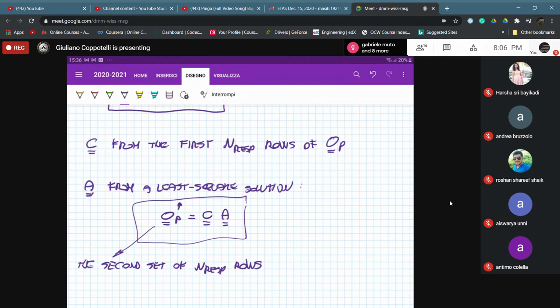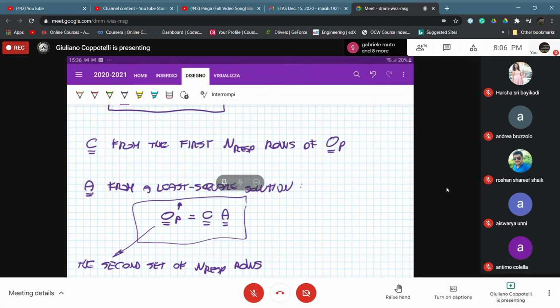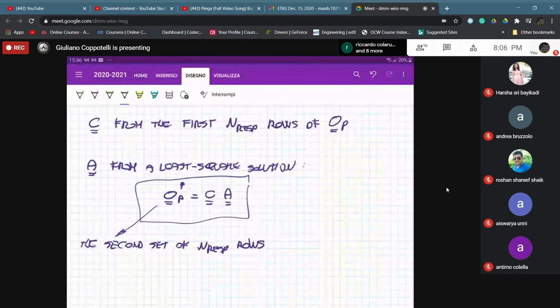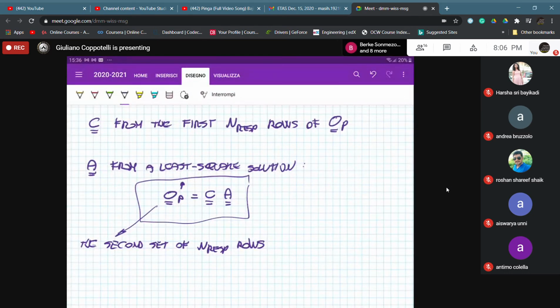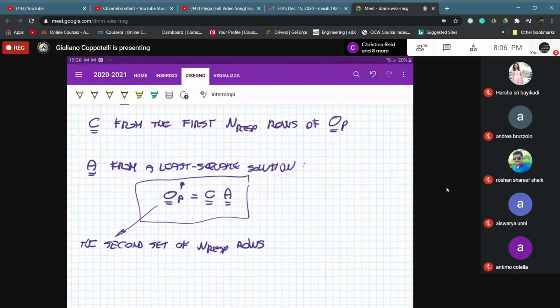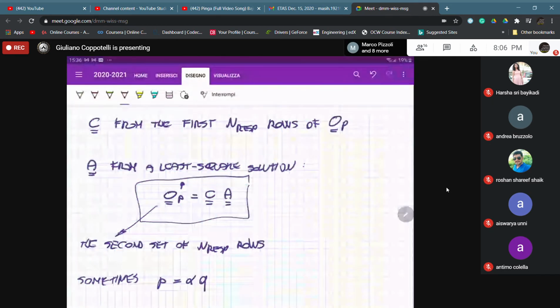However, because we are not sure about this value, generally speaking, we are introducing another stabilization diagram by changing the order of P. Sometimes P and Q are connected to each other. So sometimes P is alpha times Q, alpha an integer number.